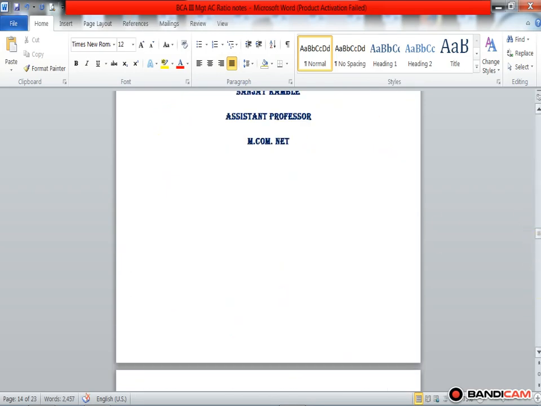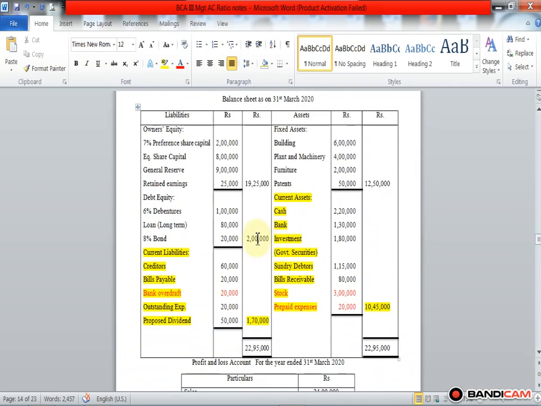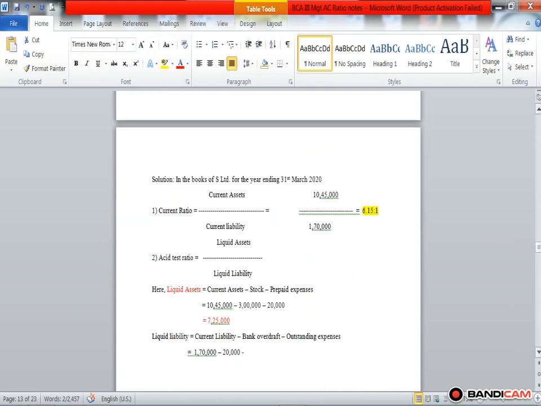Outstanding expenses is also given in the problem: 20,000. We make it red for better understanding. Here we deduct these 20,000 from current liability.